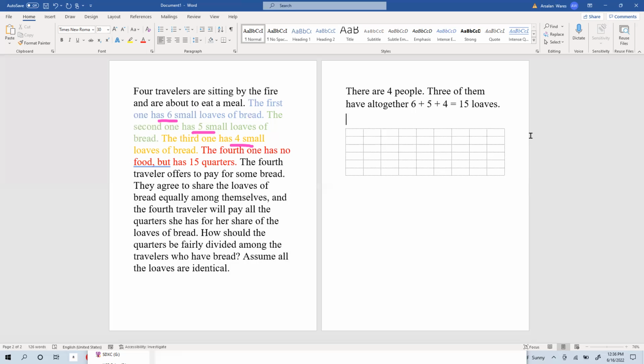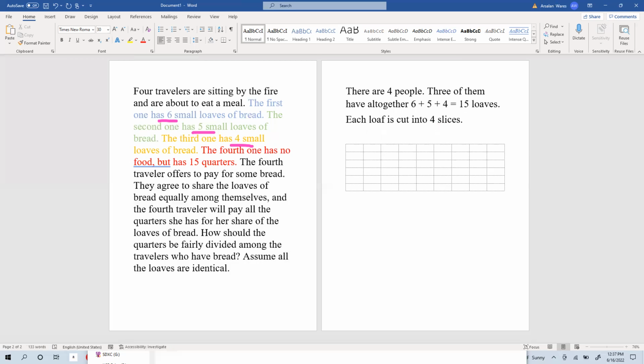So I have 15 loaves. Each loaf is cut into 4 slices. Therefore, there are 4 travelers, so there are 4 slices. Do you see where 4 is coming from, Connor? Yes. Good.